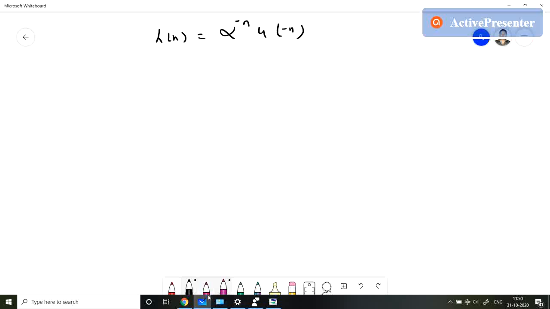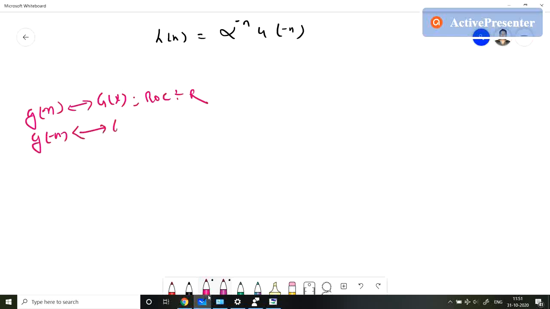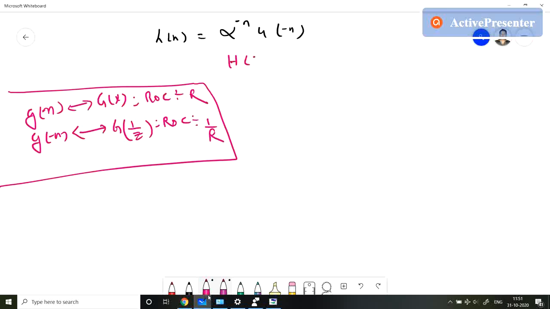So we can apply the time reversal property. According to the time reversal property, if g(n) has z transform G(z) and the ROC is R, then the z transform of g(minus n) is G(1 by z), and the ROC is 1 by R. So here the z transform is 1 divided by 1 minus alpha inverse z, and the ROC will change.